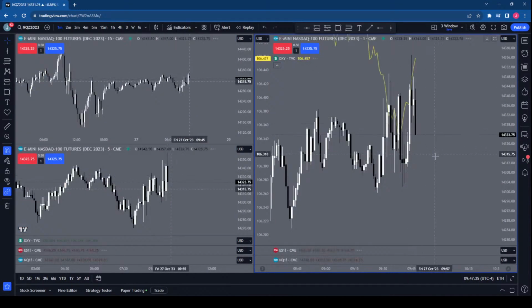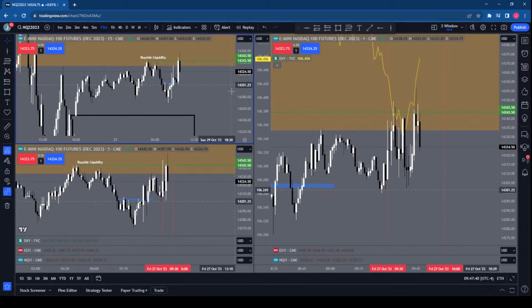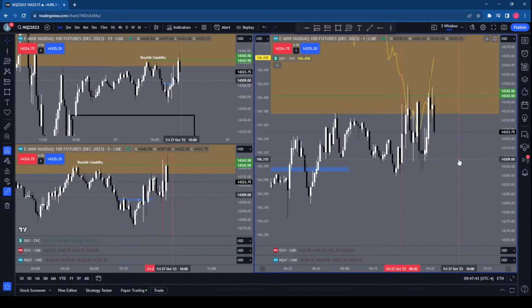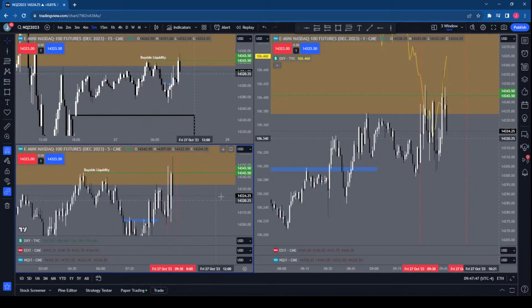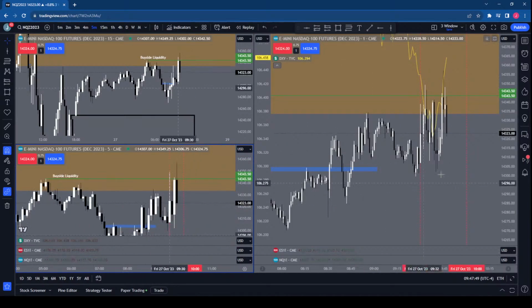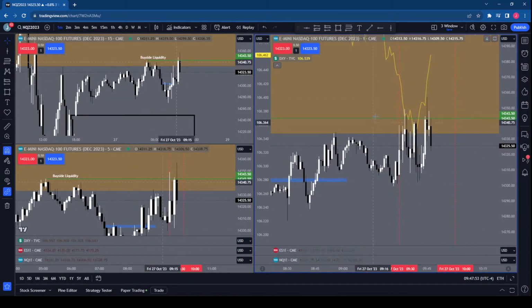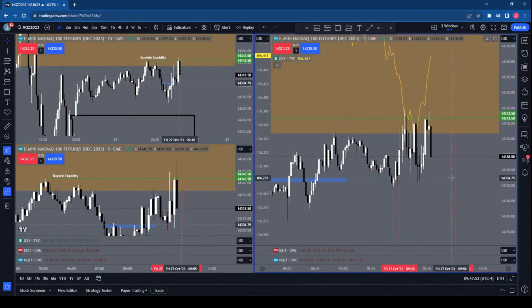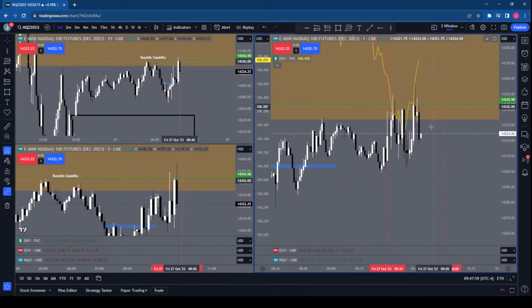NASDAQ couldn't close a candle above these highs. It's probably just time distortion until 10. Remember, high impact news at 10.